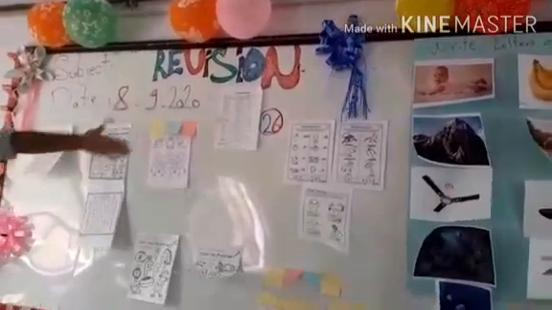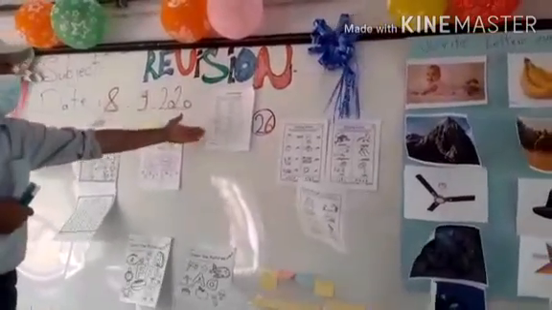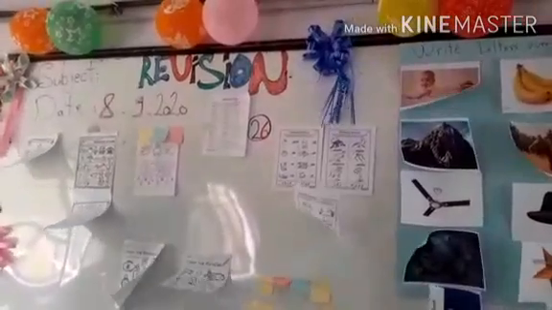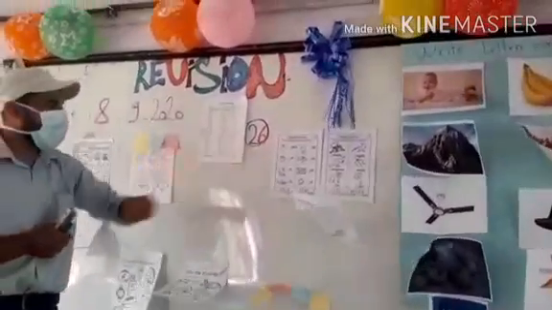These are the letters of the English alphabet. They are 26 letters.